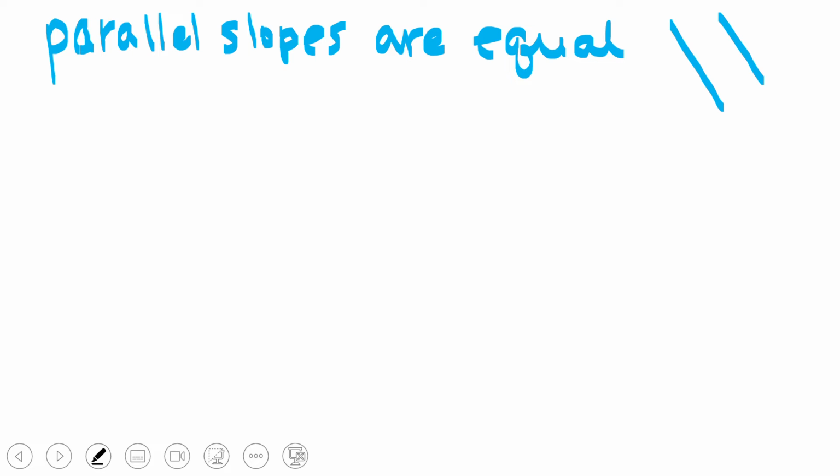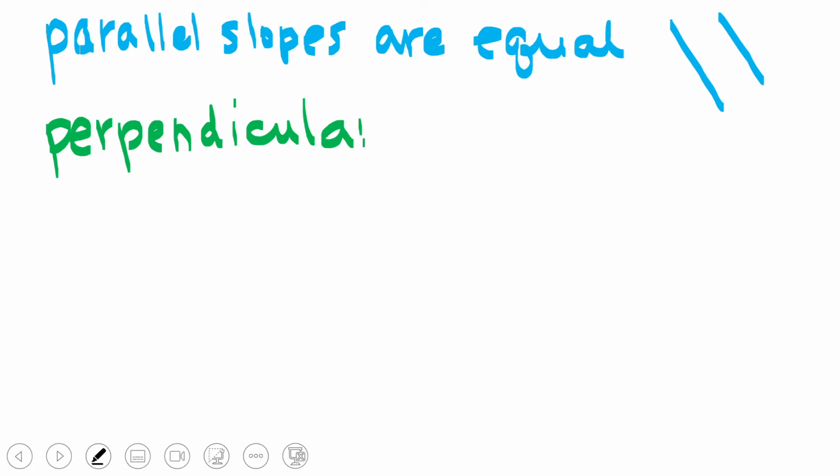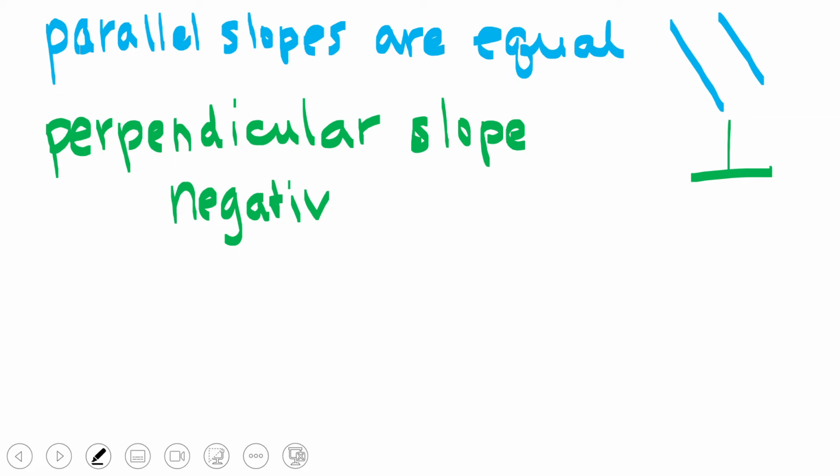Okay, perpendicular slopes. Think about them. It's going to be like this. It's not the same as a parallel slope. There's an intersection happening. And if you think about it, the slopes have to be a negative reciprocal.